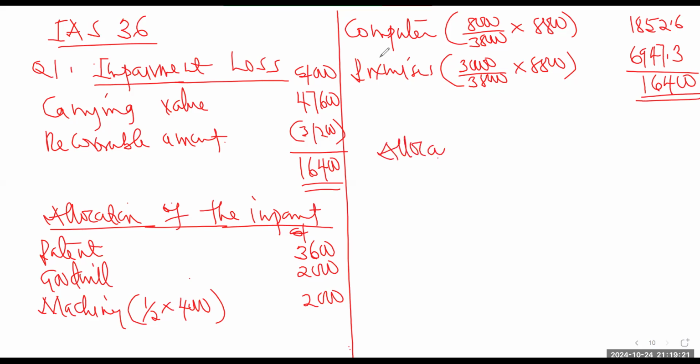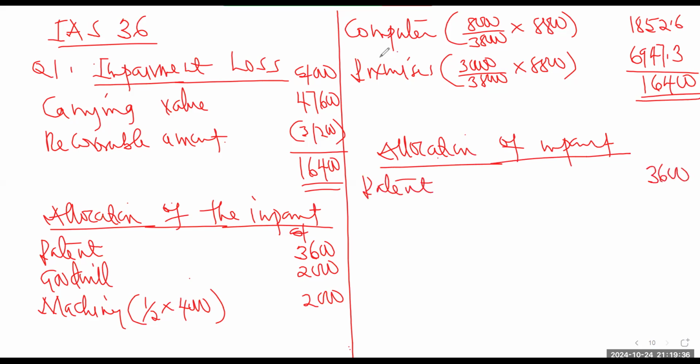So we have the allocation of impairments. We'll now be having this particular figure. So you have the patent is worthless, so 3,600 will go. Then you still have the goodwill, 2,000 will go.